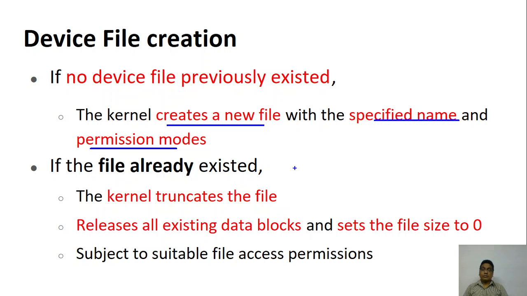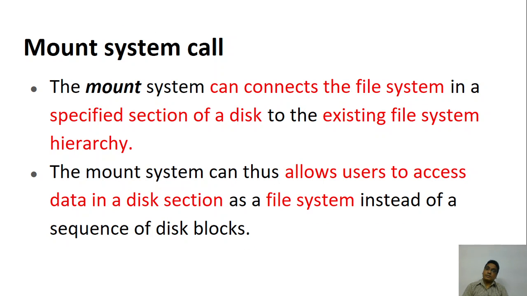Then you can already use it. Suppose if the file already exists, like all the regular files, it truncates the file, releases all the data blocks of the file and sets the size to 0, and also sets the permission for the file as that given by the user.